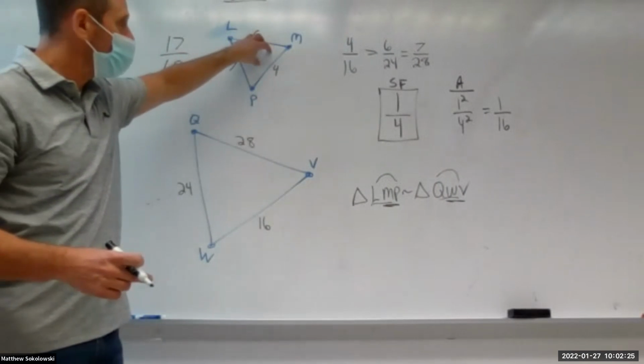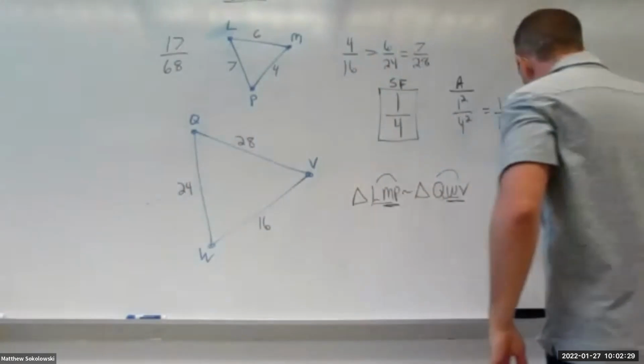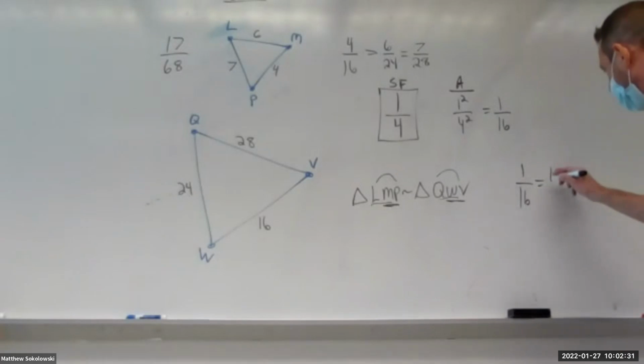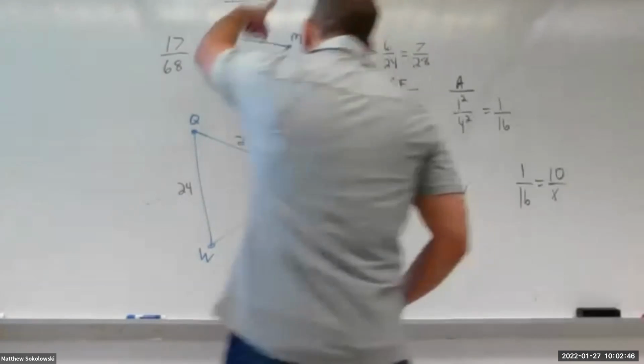Right, it would be 1/16 equals 10 over what? It'd be 160. You can cross multiply and solve, or you can say 1 times 10 is 10, 16 times 10 is 160.